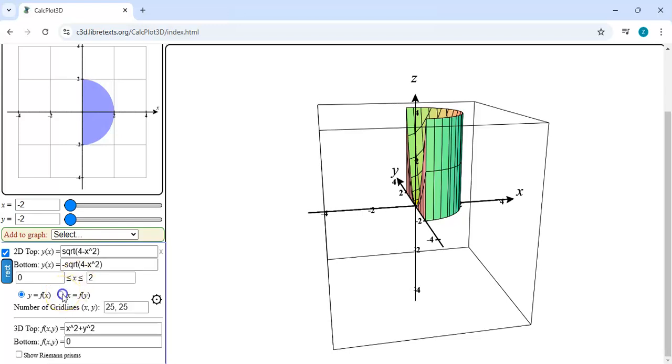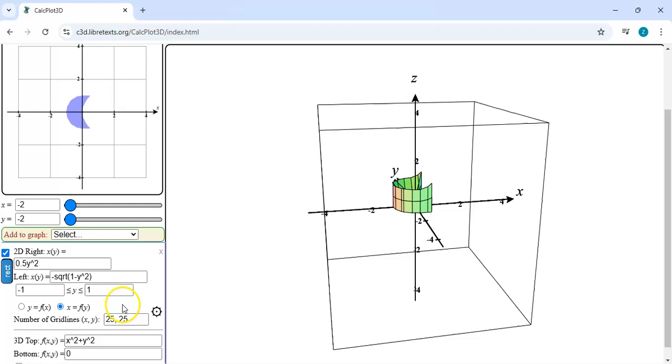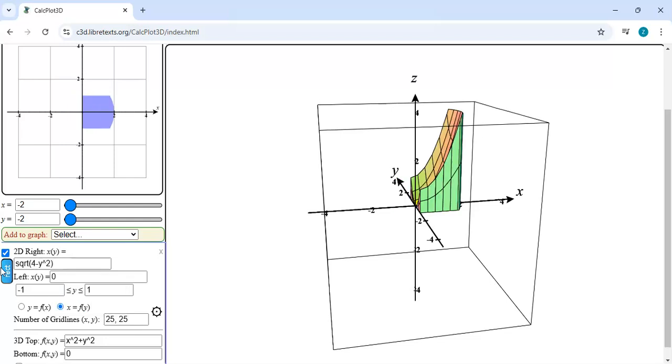Well, you can just switch to x equals f of y. And so my left bound for x is going to be 0 still, but then my right bound will be the square root of 4 minus y squared. And then my y should go from negative 2 to 2.